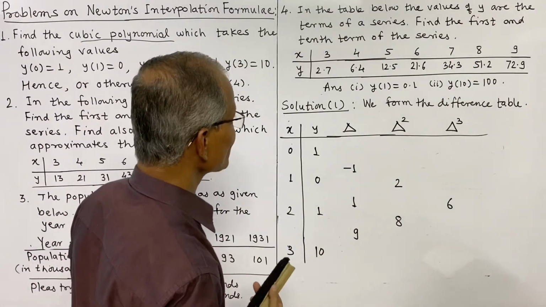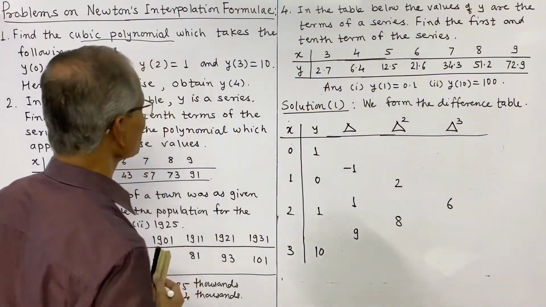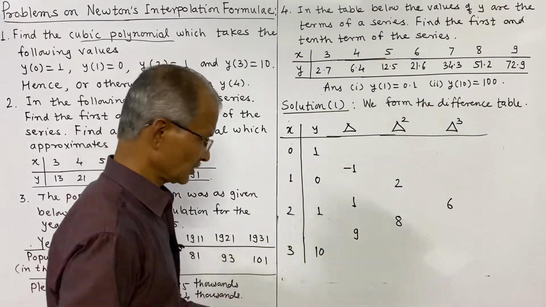Now we have to find the polynomial, and for that purpose we put x is equal to x naught plus ph.